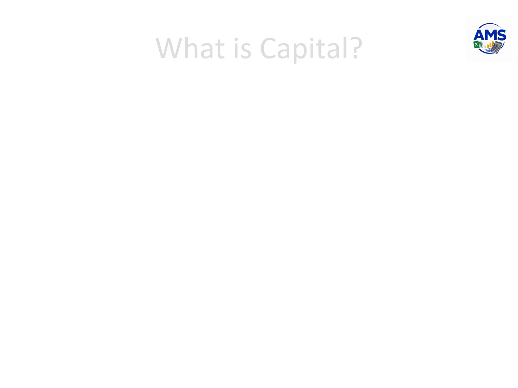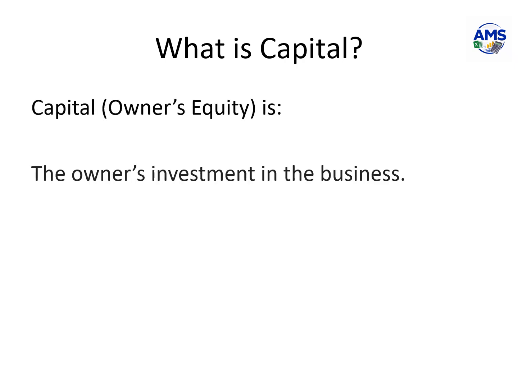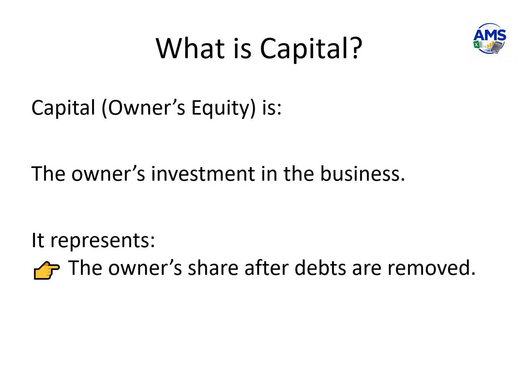Let's look at what capital is. Capital is the owner's investment in the business. It is what belongs to the owner after removing debt. Capital represents the owner's claim. Let's look at the powerful formula again. Assets equals liabilities plus capital.